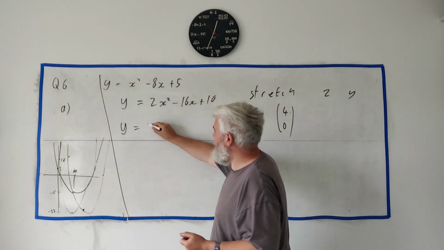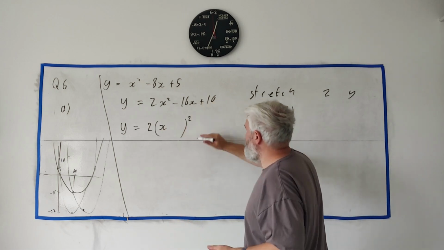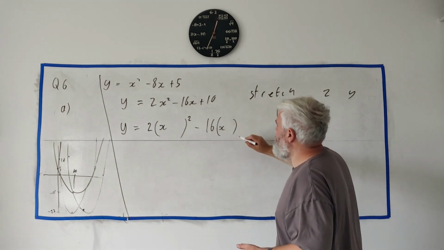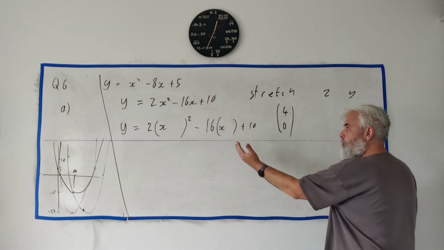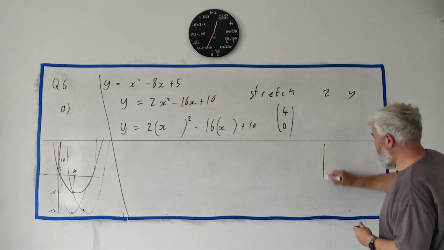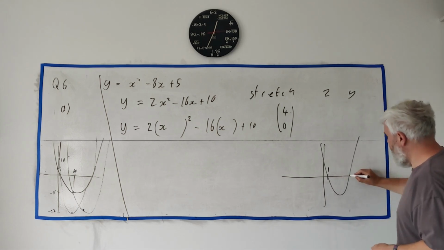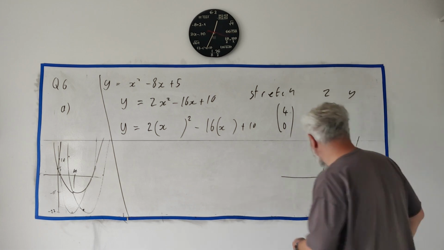So how I remember it is, it's this x here squared. This x changes, minus 16, and the x in here changes, plus 10. If I translate 4 to the right, you know what, let me draw a new one here. Let's say this hits at 1 and this hits at 6.